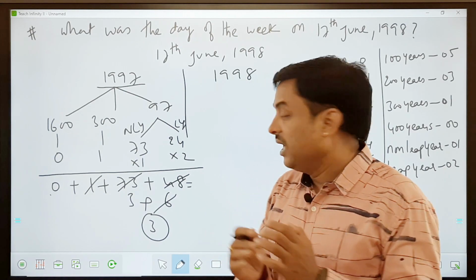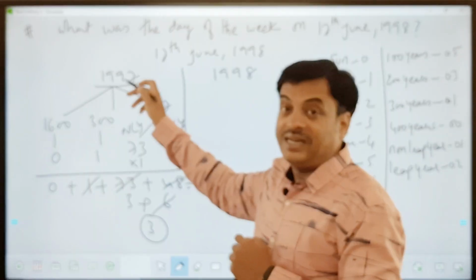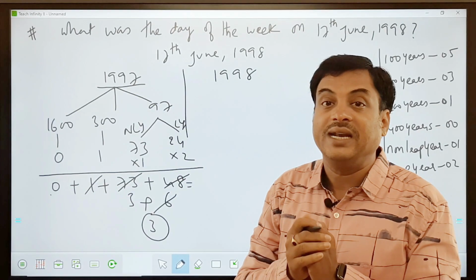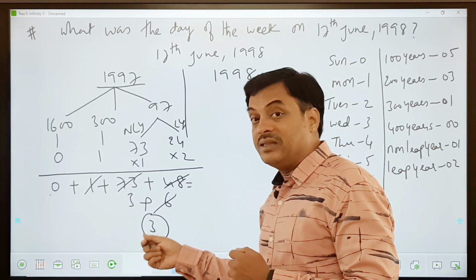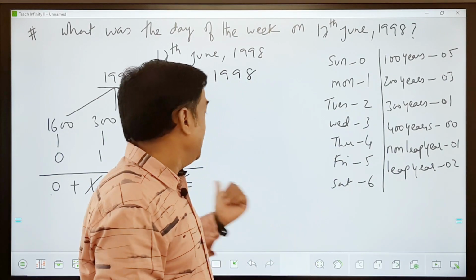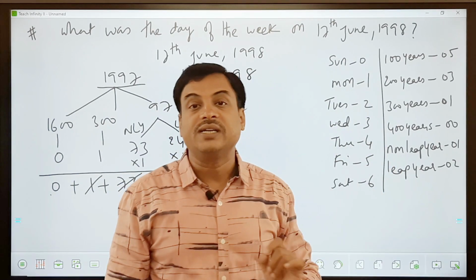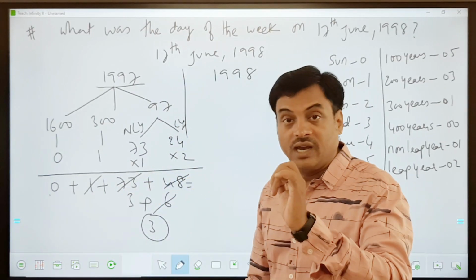That means the last day of the year, 31st December 1997, ended with 3. We did the calculation up to the end of 1997. It ended with 3, which implies it was Wednesday. So 31st December 1997 was a Wednesday.